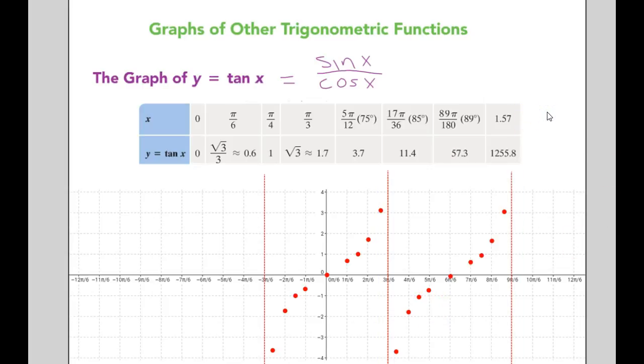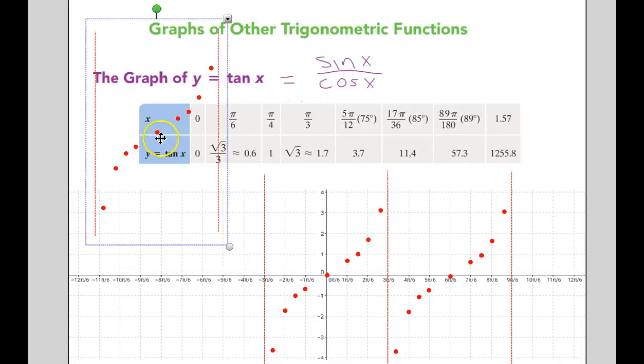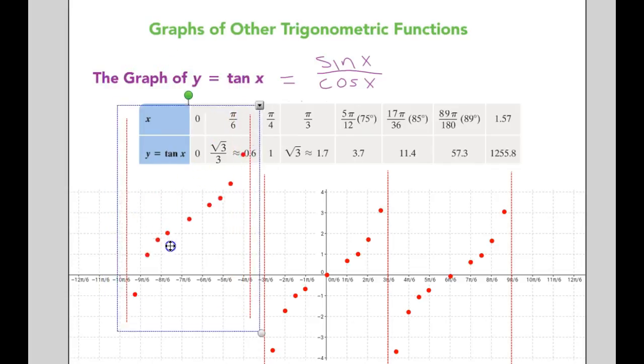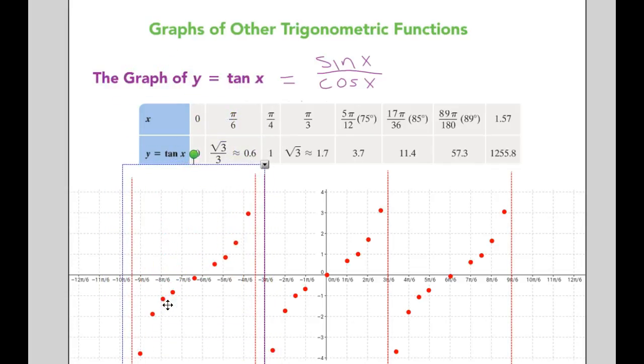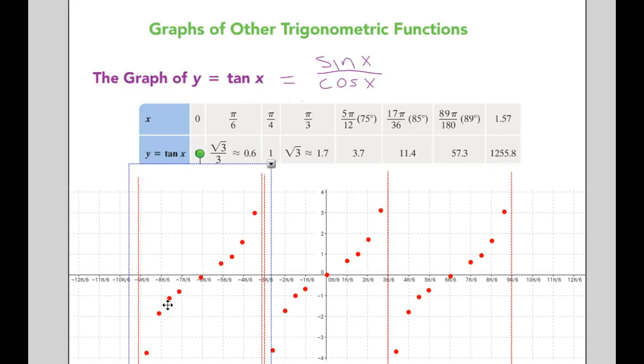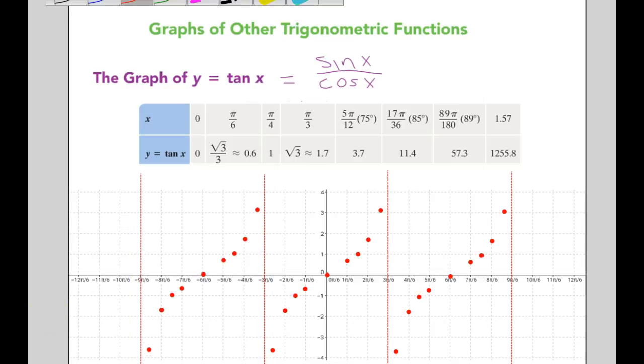There's another period of it, and again you can do it again and again and again, just like with sine and cosine that we saw before. We can just keep repeating this, and we're going to keep having this pattern over and over again that we saw before. Alright, and then connect the dots.